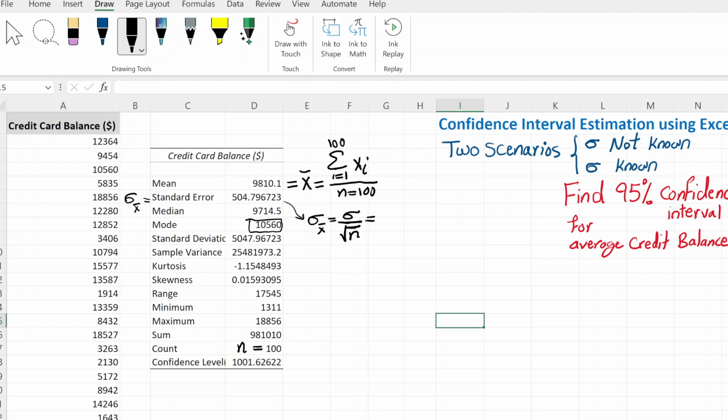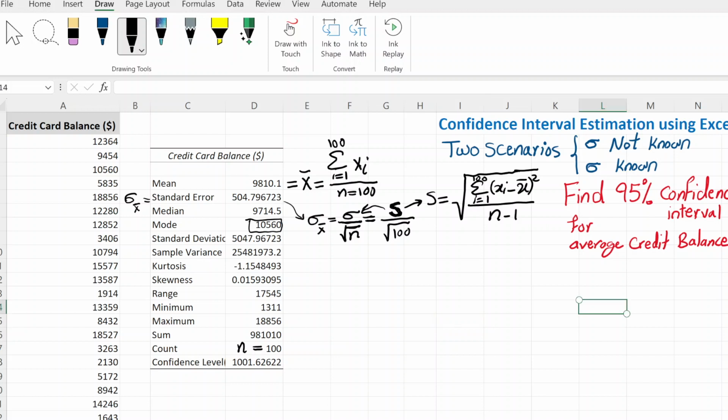So what is being done here by Excel to generate this table? Excel is computing for you the standard deviation from this 100 credit card balance data set and using that as an estimate for sigma that we don't have, divided by square root of 100. And this S is the usual formula for sample standard deviation, that is the sum from 1 to n, 100, of xi, the credit card balance for each of the rows, minus x bar that we just computed, to the power 2, and then divided by n minus 1, which is 100 minus 1, which is 99 in this case.